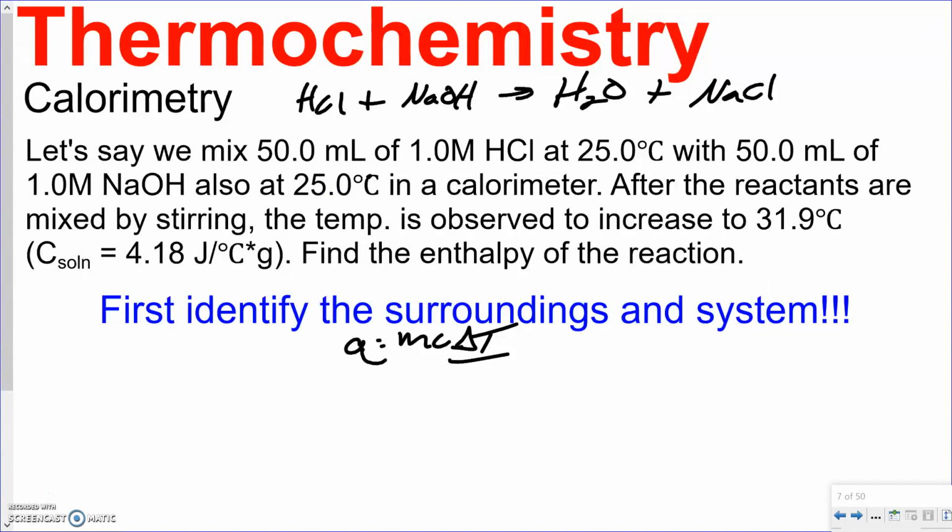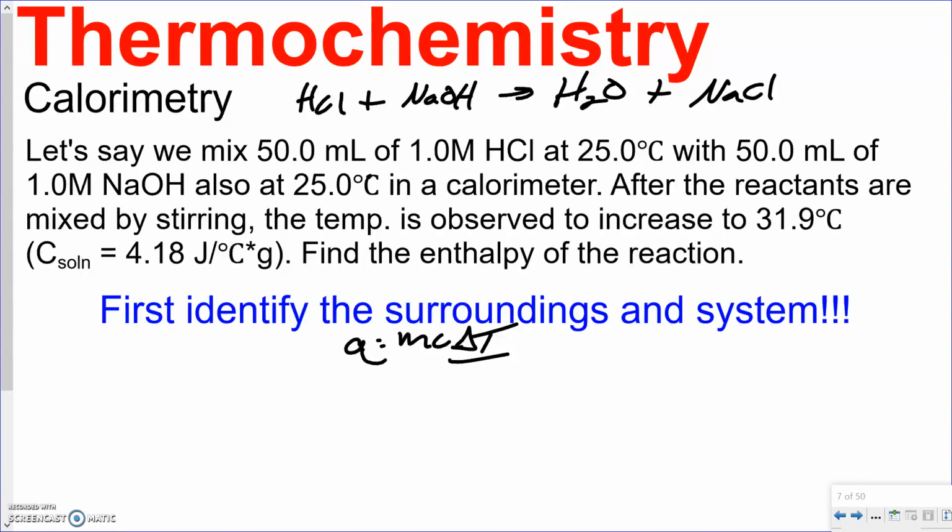Again, a little bit hinky, and we're going to work through this and talk about it. But what I want you to get from this is system and surroundings becomes a little bit ambiguous at points in time, and we have to recognize that sometimes the water and the chemicals are part of both the system and the surroundings of sorts. How we're measuring it is where the ambiguity comes in.